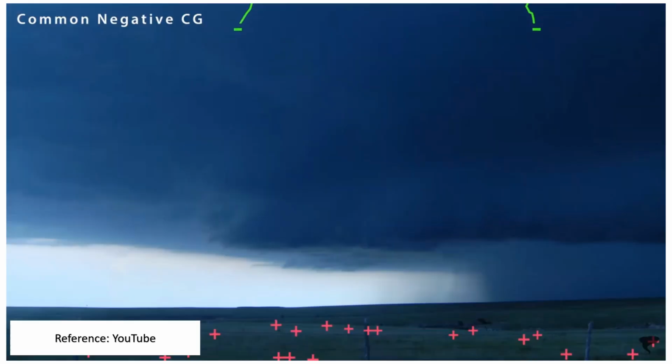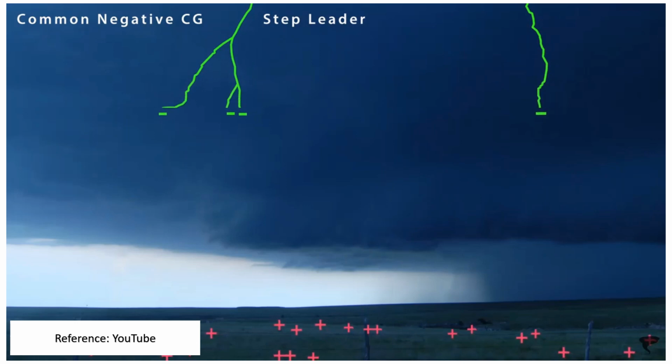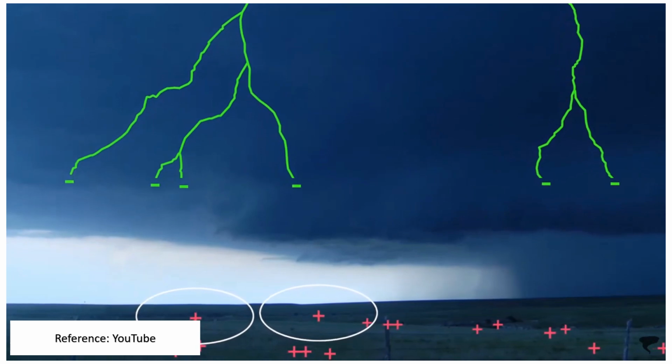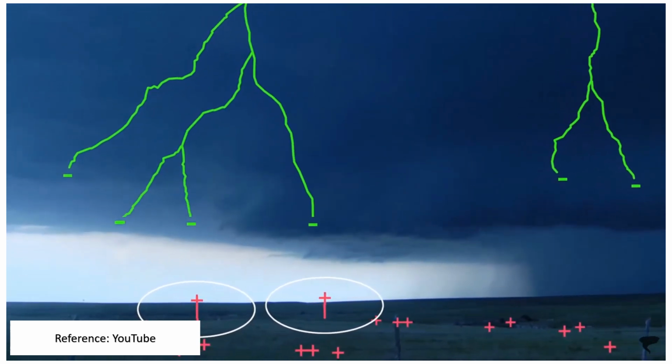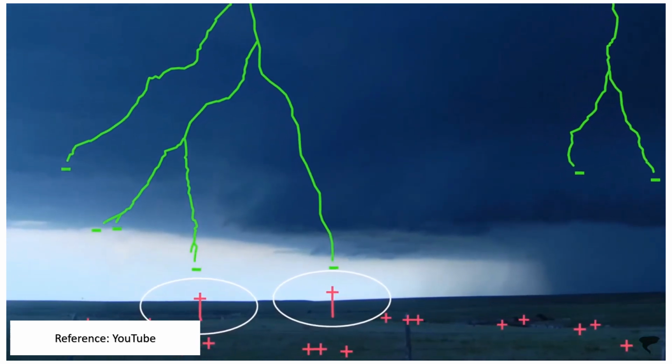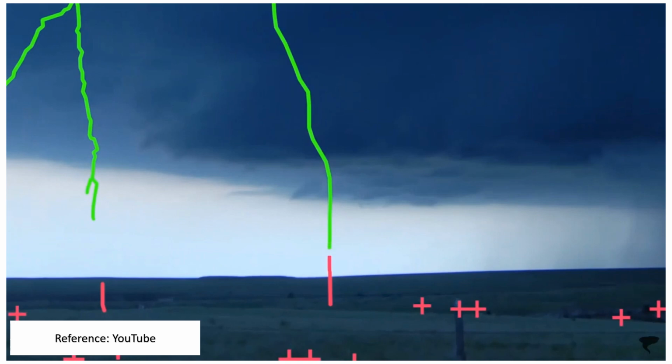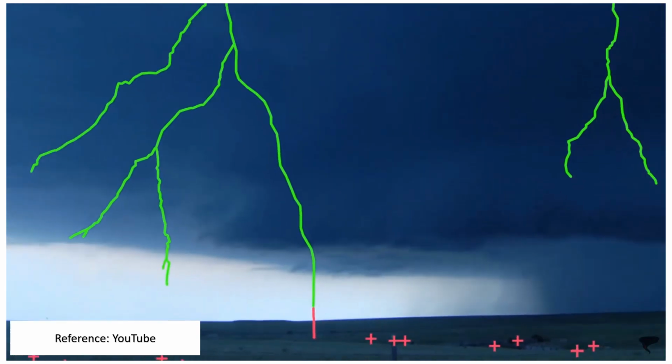In the most common CGs, a negatively charged step leader approaches the ground. The electric field between the step leader and the ground strengthens to the point that an oppositely charged positive leader begins reaching up, bridging the gap between the two. More than one upward leader may initiate an attempt to connect with the downward leader. However, the first to reach a downward propagating step leader will suddenly complete a channel path through the resisting air for the flow of powerful electrical current between the earth and cloud.